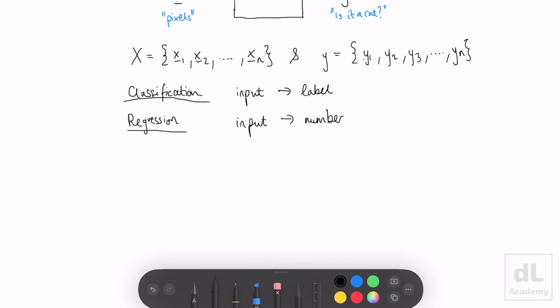Trying to think of an example off the top of my head. If you wanted to predict the relationship between the time of day and the distance a shop was from the centre of town with the number of sales they made, this would be a regression-based problem. You'd have two inputs.